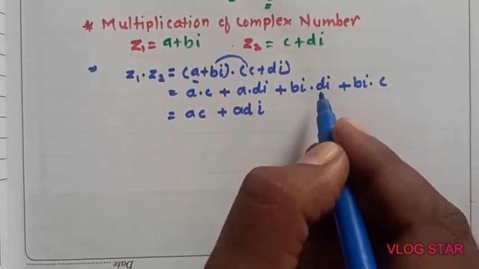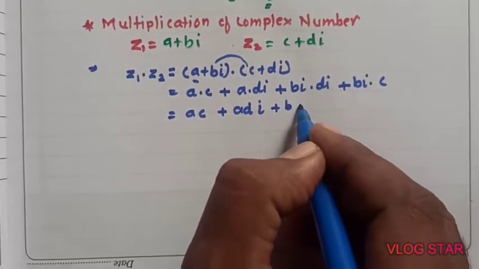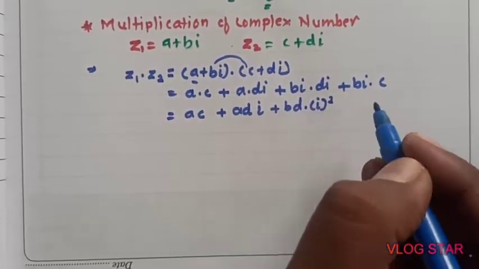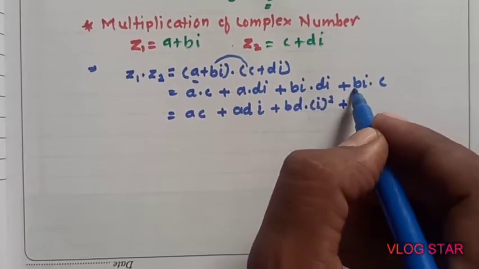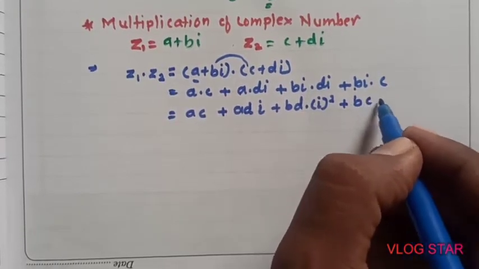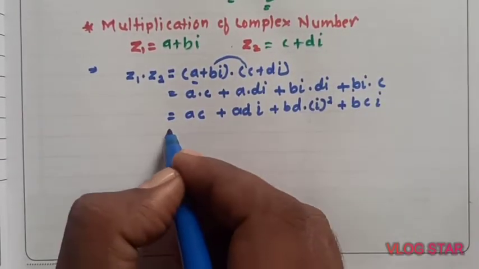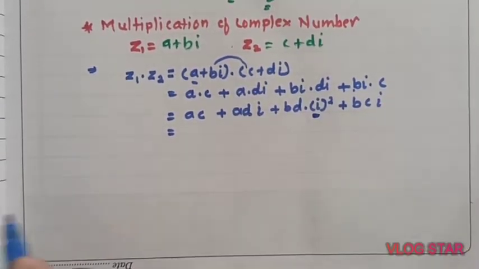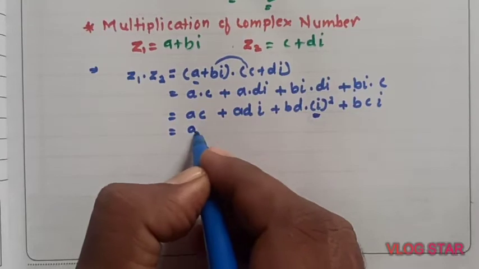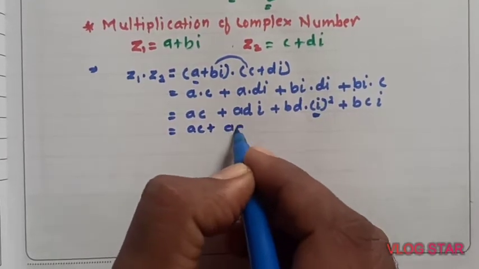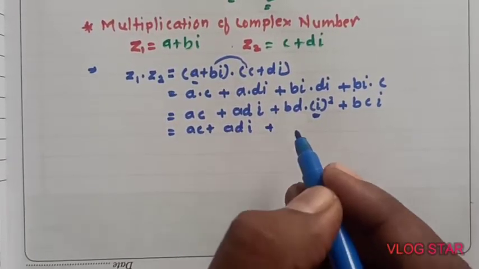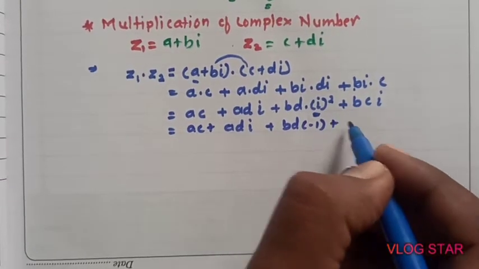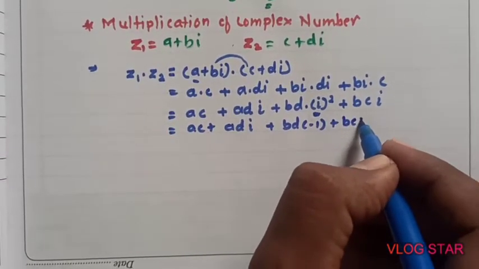So b into d, that is bd, and i into i is i square, plus b into c, bci. Look carefully here. Now we got i square, and i square is negative one. So ac plus adi plus bd into negative, plus bci.